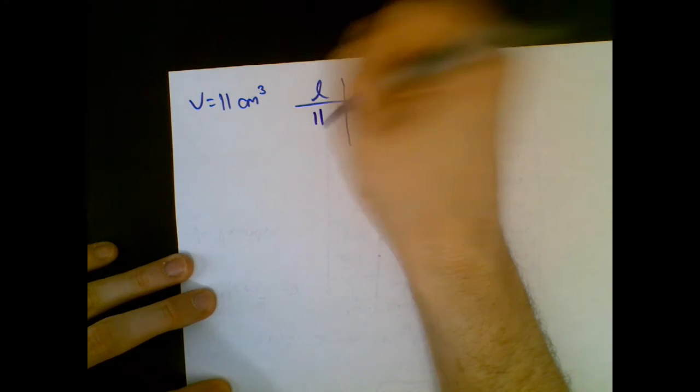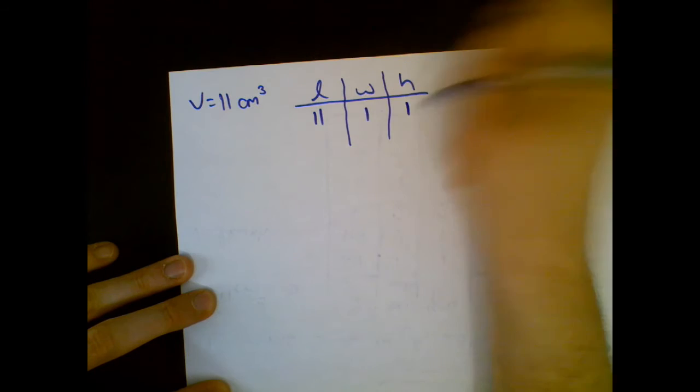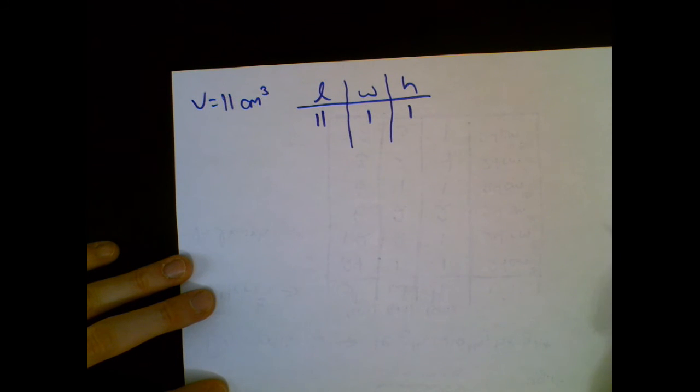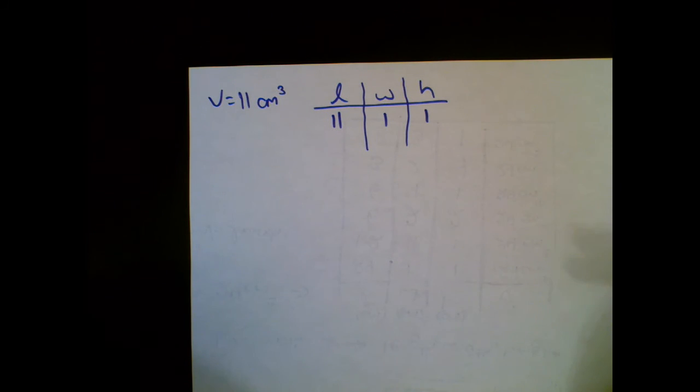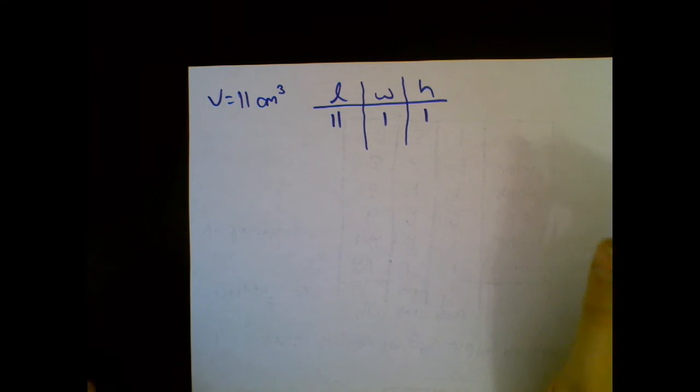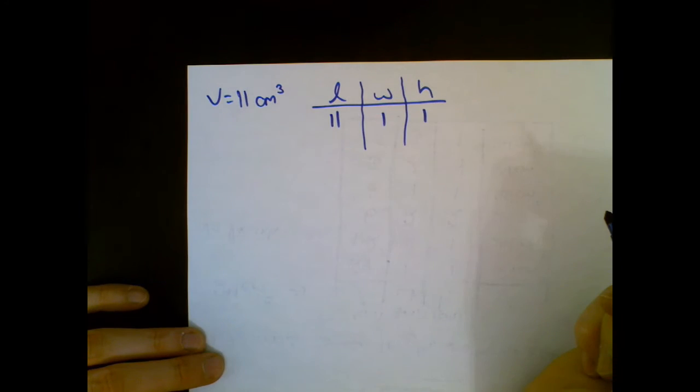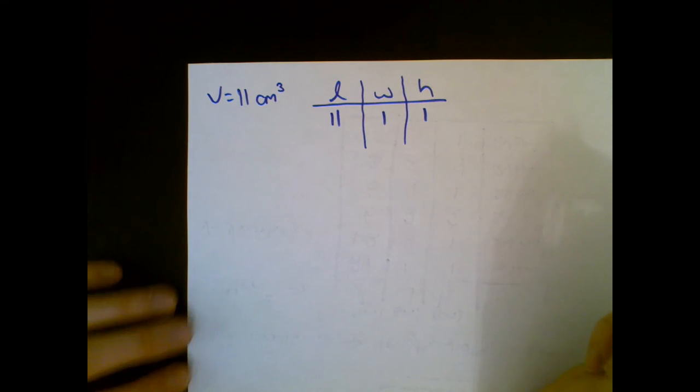So I'll start with 11 by 1 by 1, and then I guarantee myself 11 centimeters cubed. Can I split 11 up? Well, I could do decimals, but we're not dealing with decimals right now. So that's the only combination for a rectangular prism with a volume of 11.